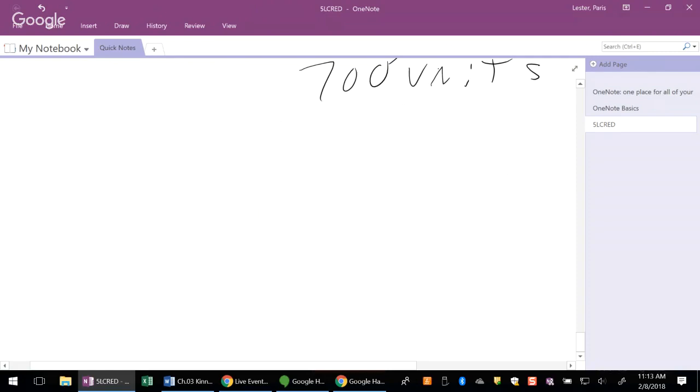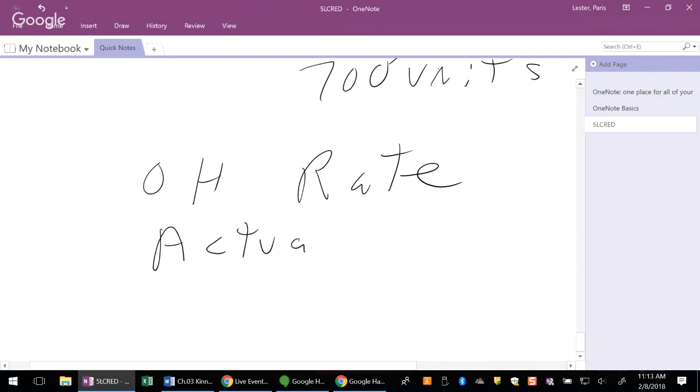Problem 4. You're going to be given an overhead rate, and you're going to be given the actual overhead, and you're to find over or under applied.